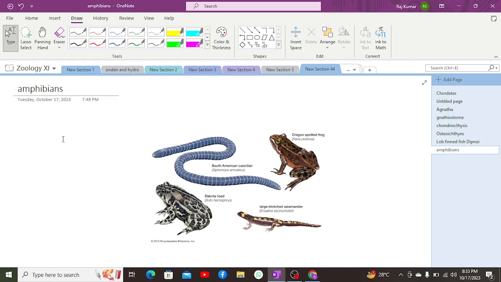Examples of this include their larval stage having gills, whereas the adult stage is having their respiratory organs as skin and lungs.